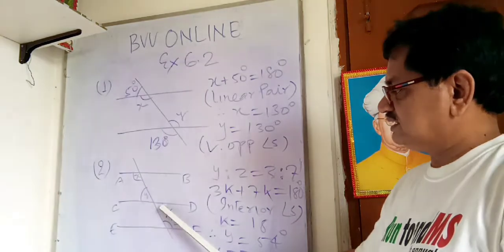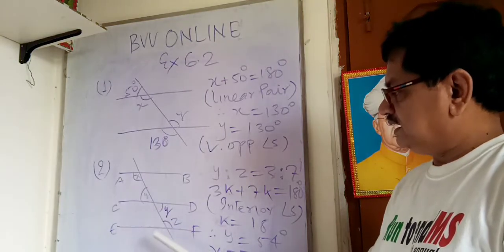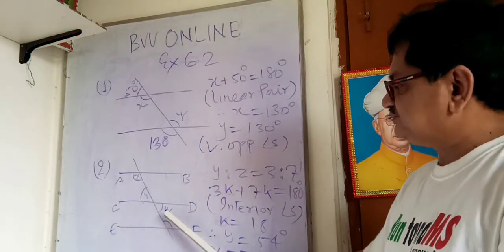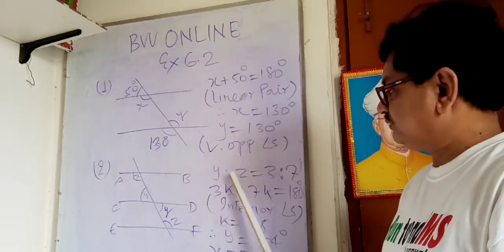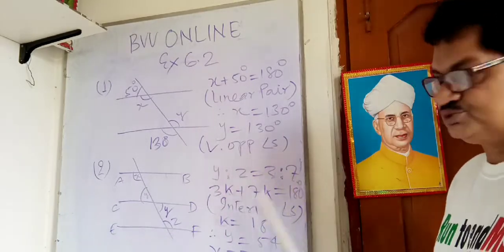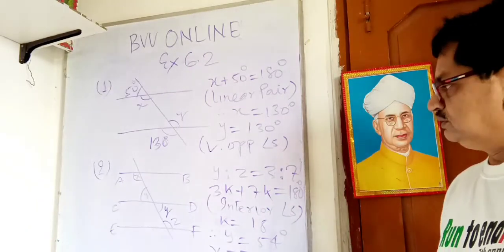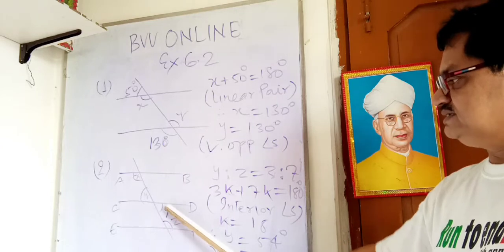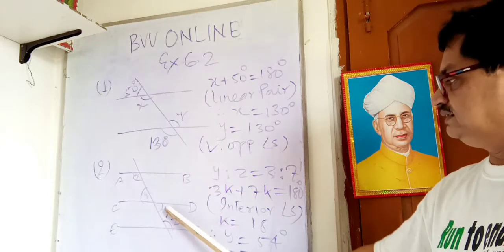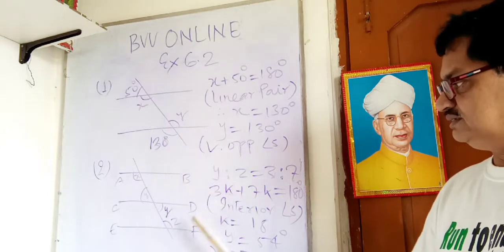So let us write here also y. And now the main thing which has been given to us, the ratio of y and z is 3:7. This is y, this is z, and these ratios of these angles is 3:7.